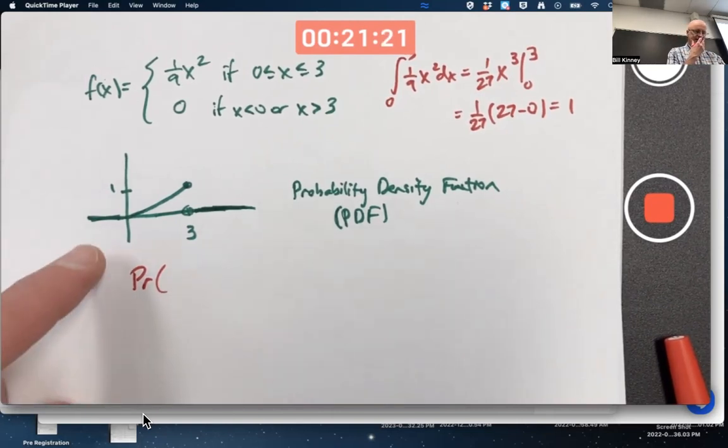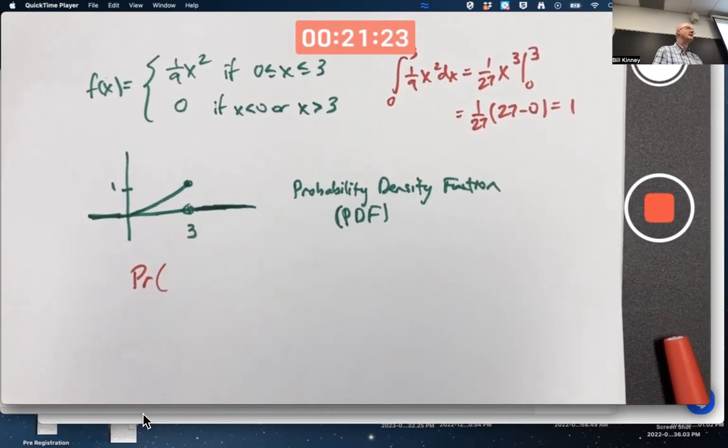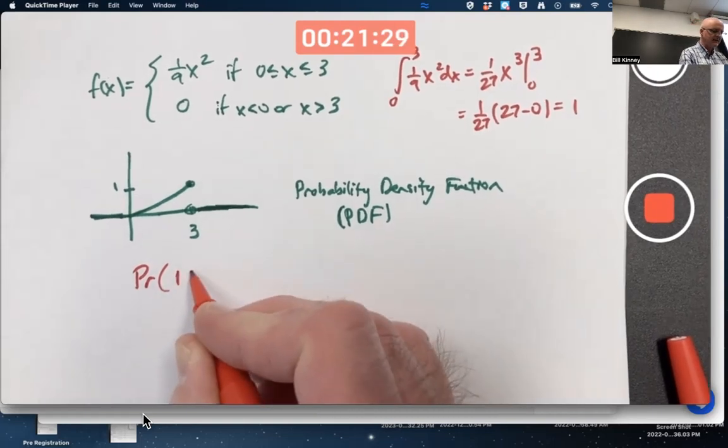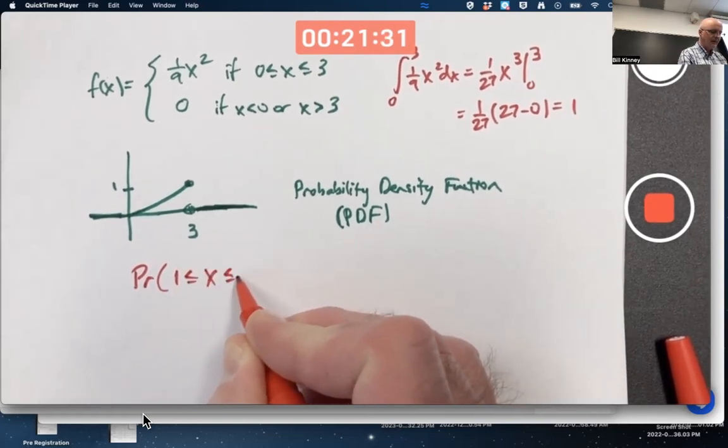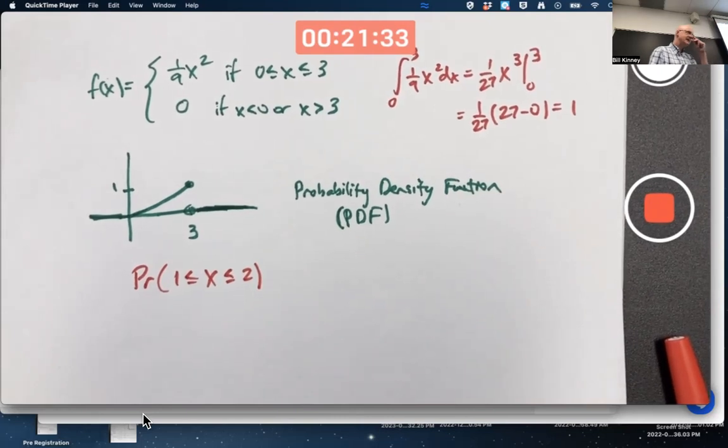Pretending that this function is a good model for my data set, what is the probability that a randomly chosen number from my data set is between 1 and 2? I could represent that symbolically like this. You find this probability by integrating this PDF.